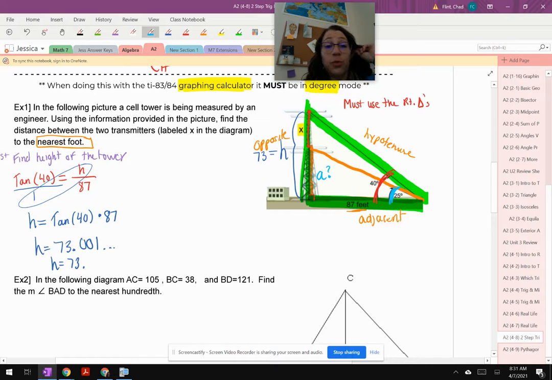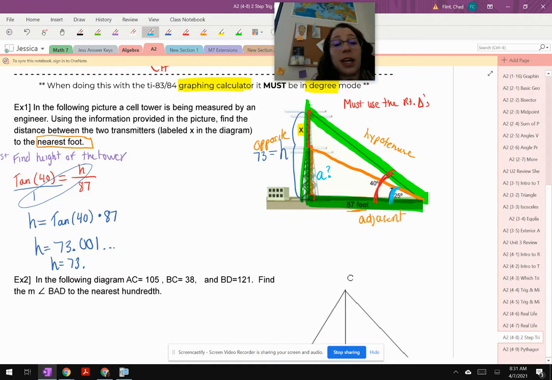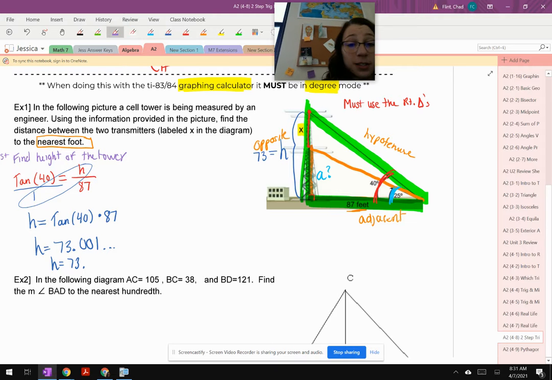So again, we're going to use a second trig ratio. We're going to use the adjacent, and we're looking for the opposite again. So we're going to use tangent again to find that other piece. Tangent of, this time not 40 but 25, is equal to A, our missing piece, over adjacent, which is 87.